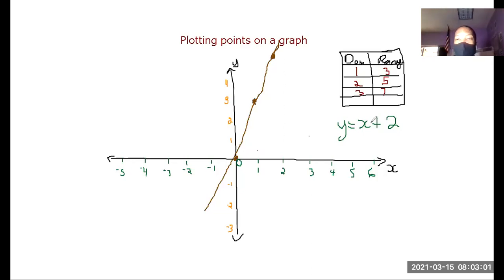Oh, something is missing. It'd be 2x plus 1, I think. Does that work? 2x plus 1.